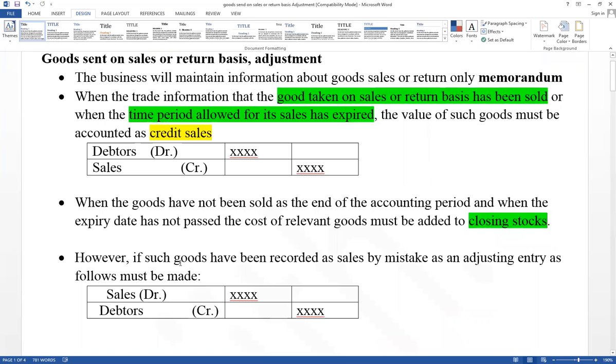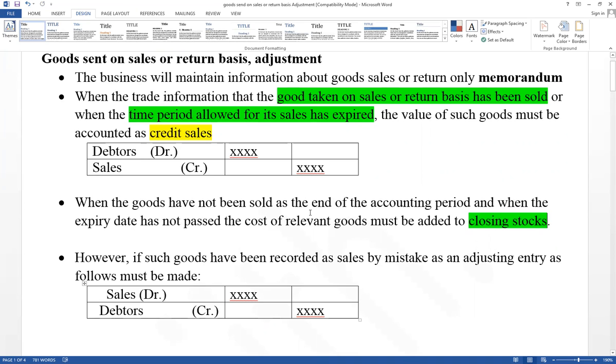However, if such goods have already been recorded as credit sales by mistake, then it should be removed. Therefore, sales account debit, debtors account credit. For goods not sold at the end of the accounting period but already recorded as credit sales, first, the cost value should be considered as closing stock, and second, the selling price should be removed from debtors and sales.